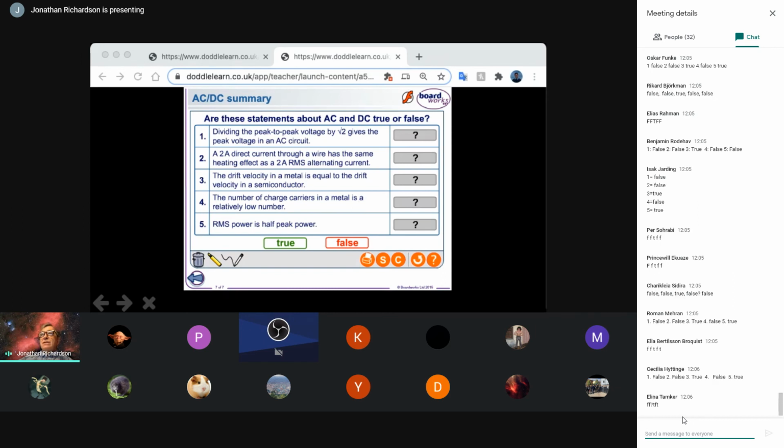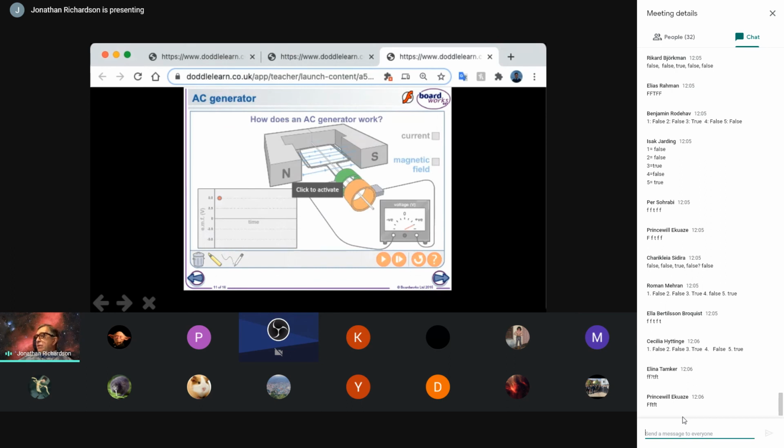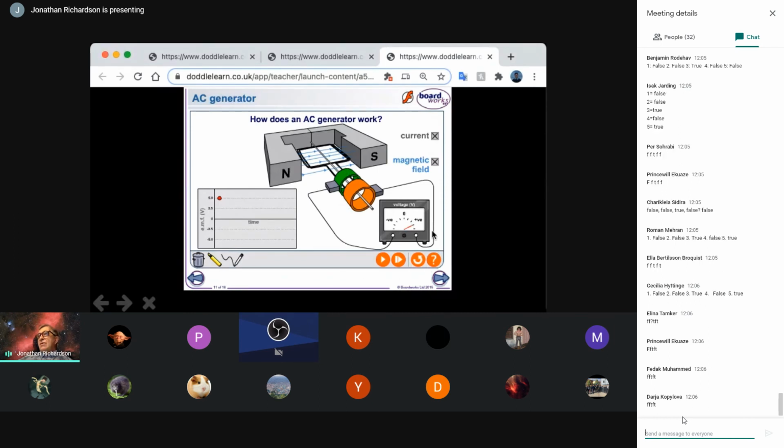Let me just put this back on the screen. To finish, I would like just to share with you this final interaction. I'll turn off the generator. What we have here is a typical AC generator.